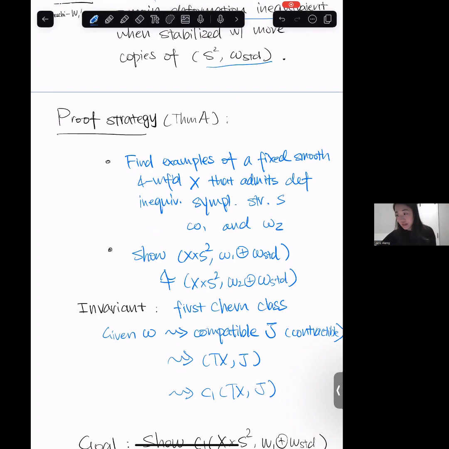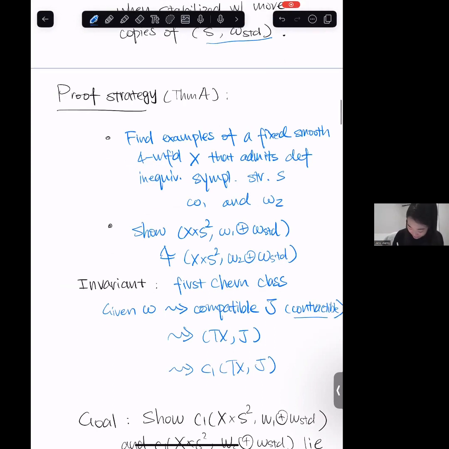And since, like I said, the choice is contractible, we may conclude that for any two homotopic J's, the c1s are the same.